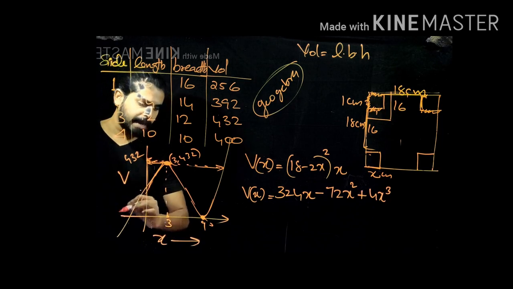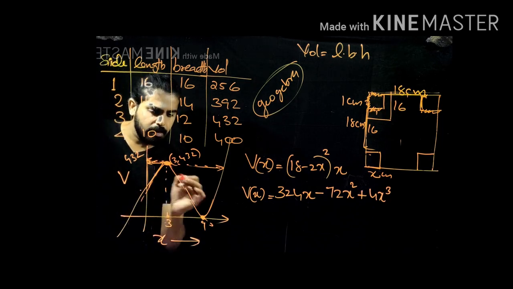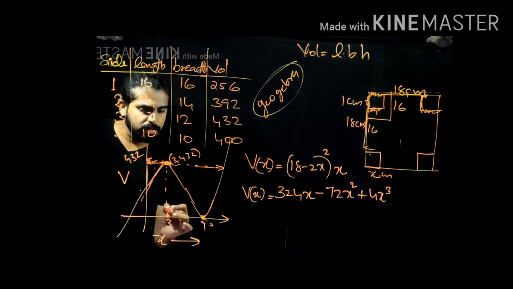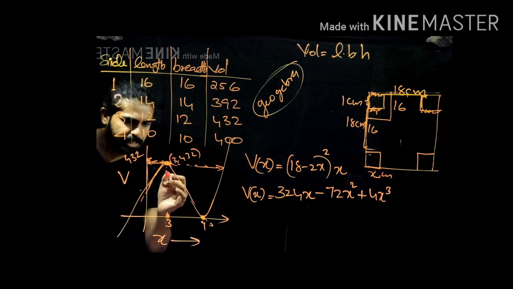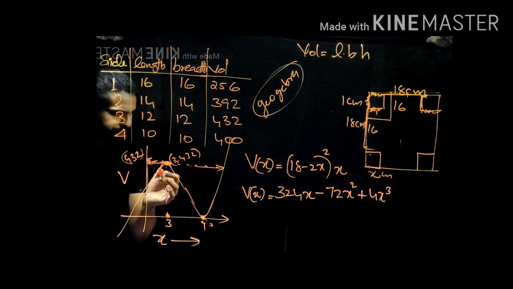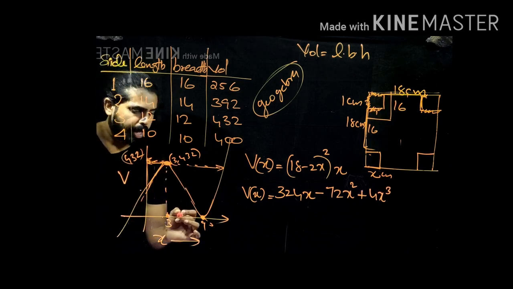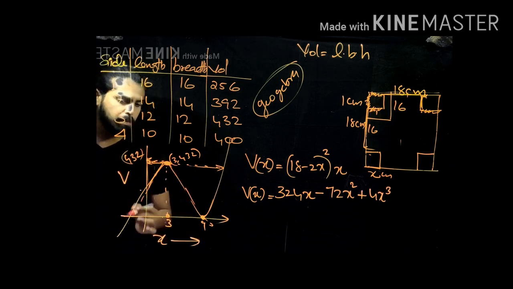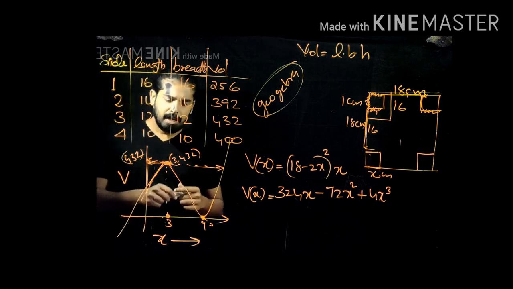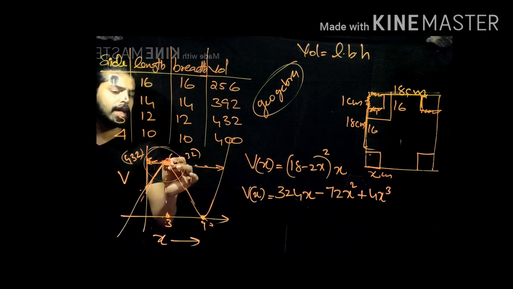This is said to be local maxima because the volume at left and right of this 3 is lesser than this 432, right? When it is just below 3, the volume is lesser than 432, and after 3 also the volume is lesser than 432, and this 3 is locally the maximum.